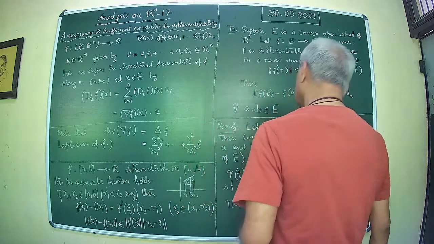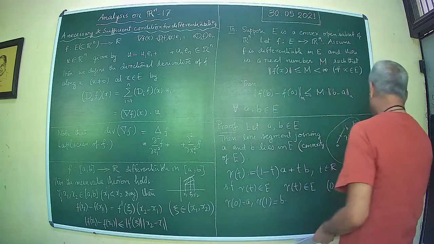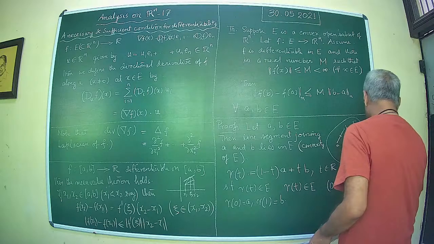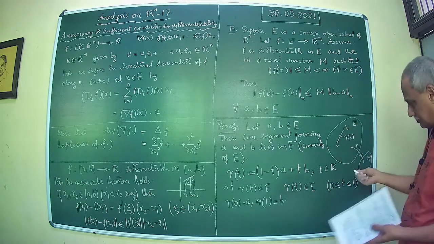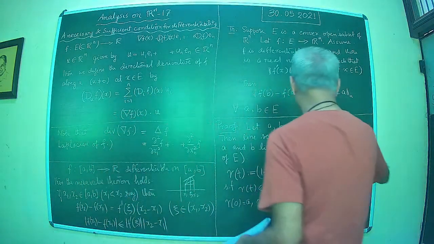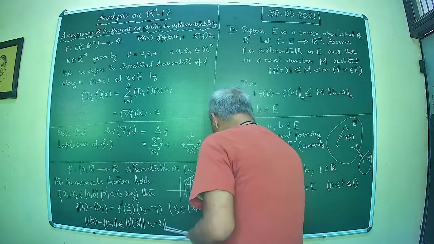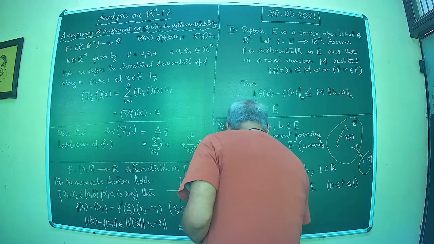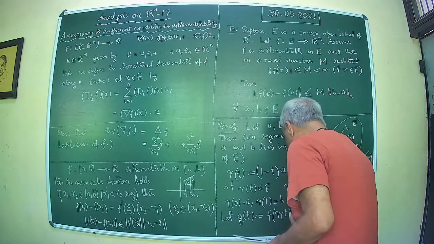So let us now compose this with F. You have E, and F is a map from here to R^m. Now we will look at the function that F sets up on this line. Let g of t be defined by f of gamma t.